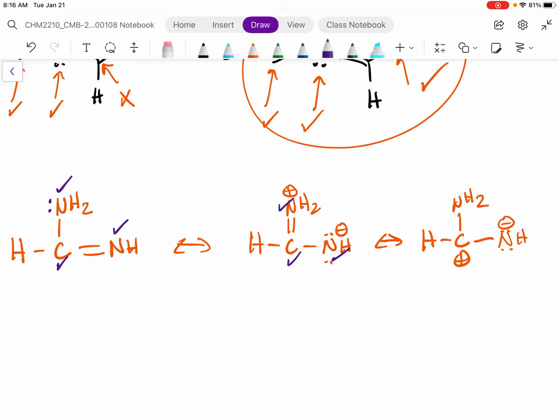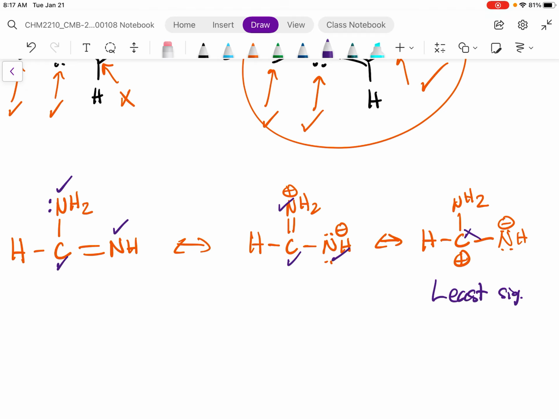But then we come here, no octet on that carbocation. So right out of the gate, using rule number 1, we can say of these 3 resonance structures, this one is the least significant. Because we have one atom that does not have an octet. But now you have the molecule in the middle and the one on the left. Rule 1 doesn't help us because all the atoms have an octet.